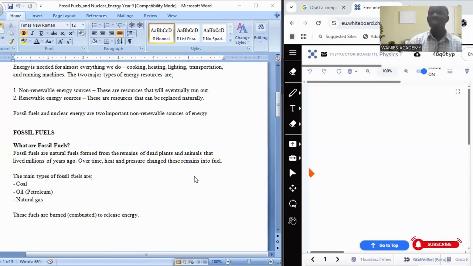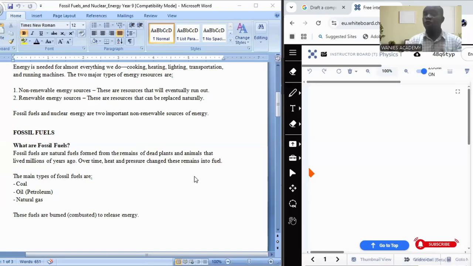And so over time, as a result of subjecting them to enormous heat and pressure, they are transformed, changed into what we call fuel, crude oil.